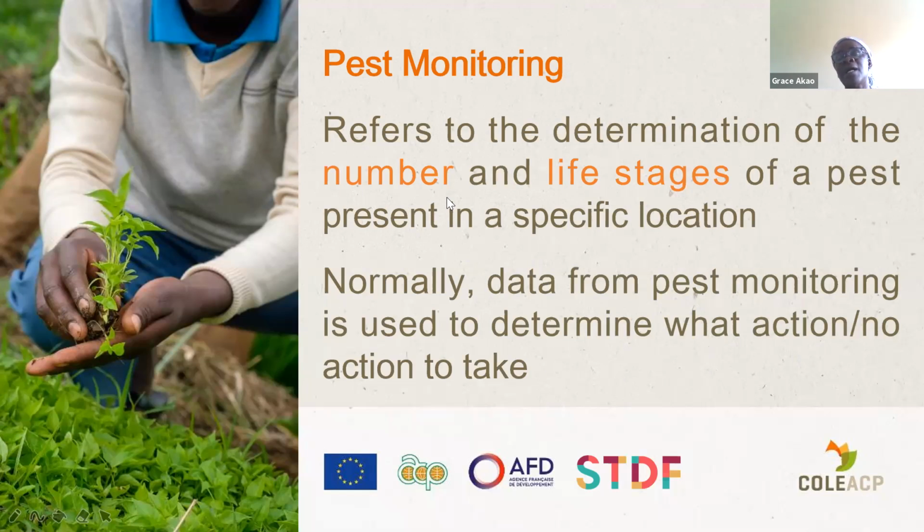So increased numbers, it means you can almost, holding other factors constant, predict that this particular pest organism is likely to migrate and invade some other areas. And therefore you use this to determine whether to take action or first observe.